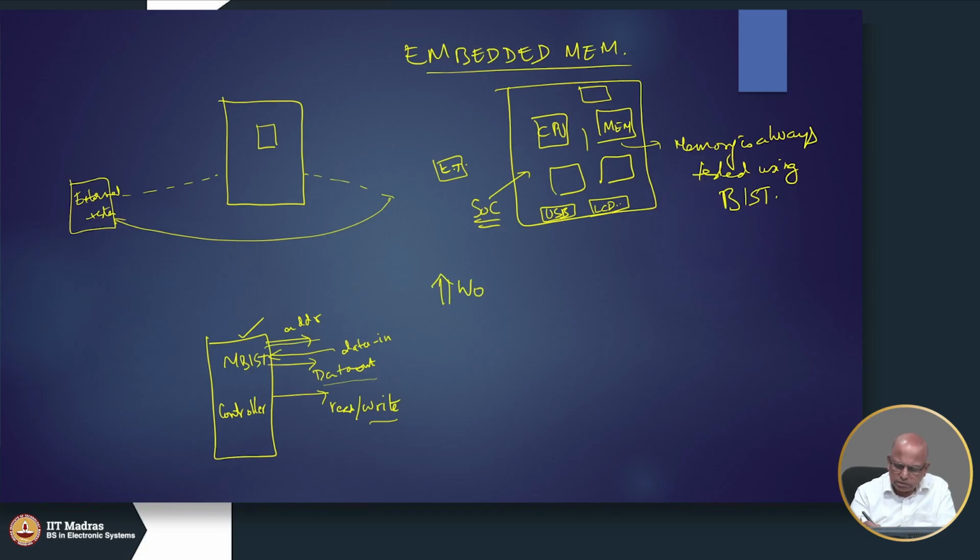And then 0 is outputted as data out. Read write will be set to write. Then when we do the read 0, etc., it will take the data coming in and compare it. Okay, so it has a comparator inside.